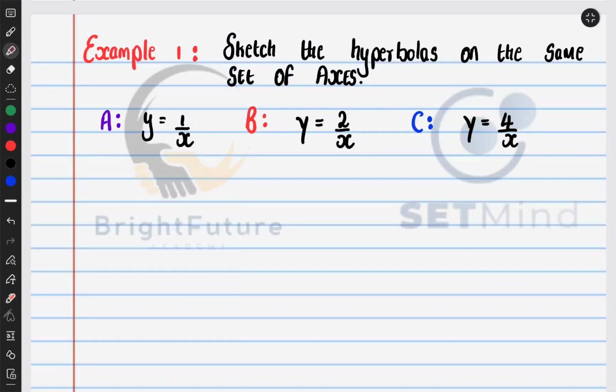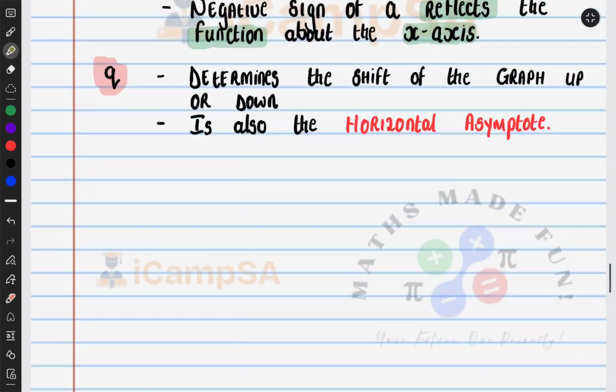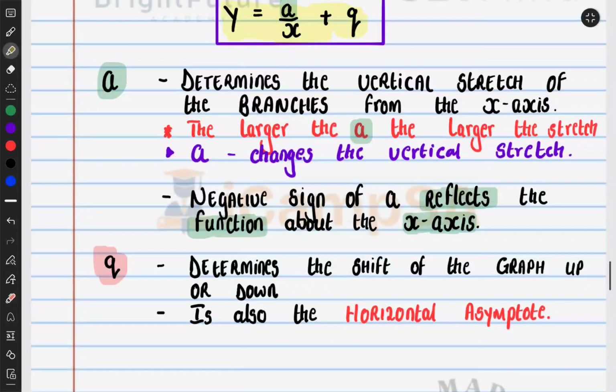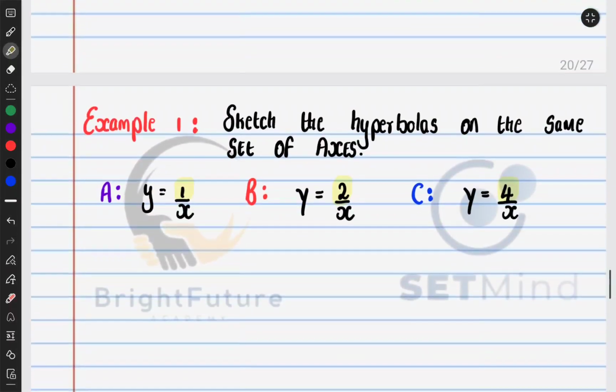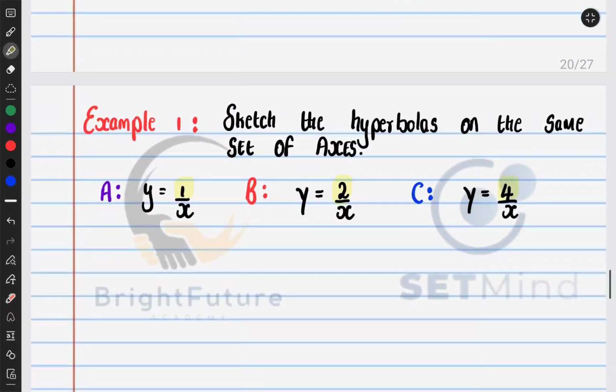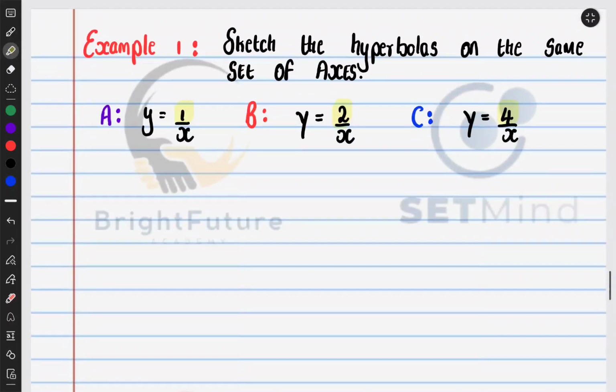I want you to notice that the value of a is becoming bigger and bigger with each function, so what are we expecting? The larger the value of a, the larger the stretch. So we're expecting the function with the biggest value of a to be the furthest away from the x-axis. But let's go ahead and sketch the functions.